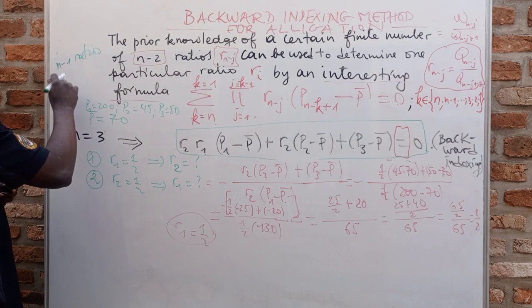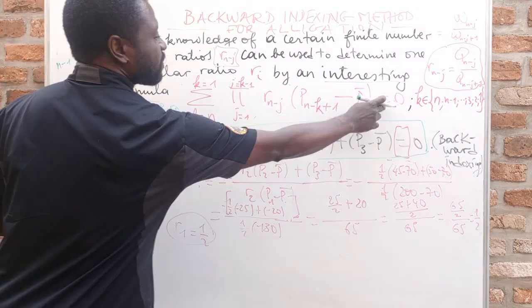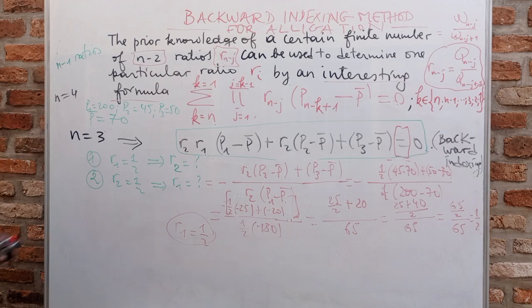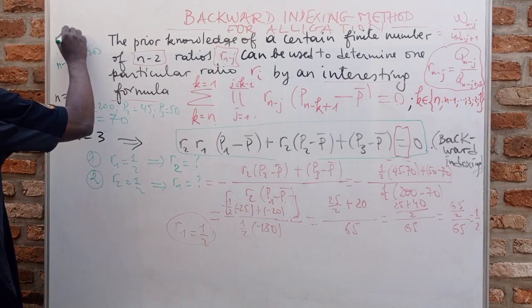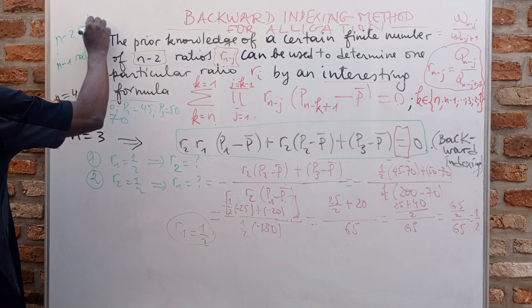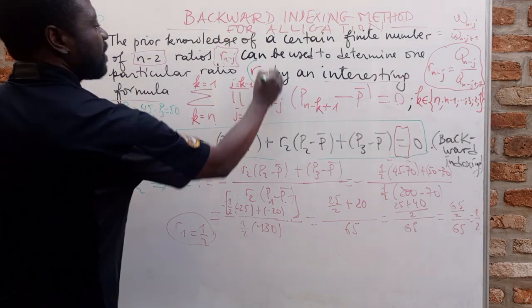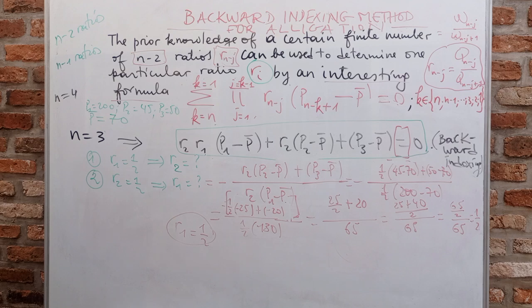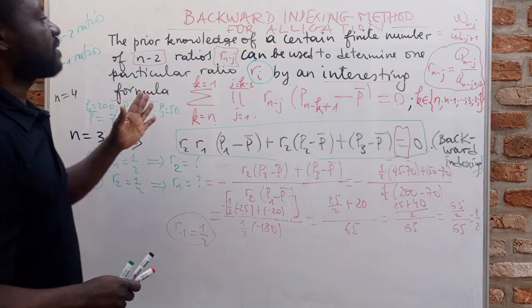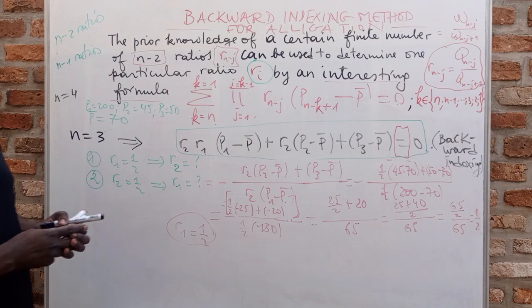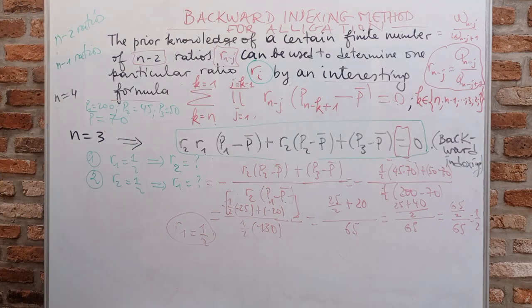As we have to solve one equation with n minus 1 unknowns, we need at least n minus 2 ratios in order to find one particular ratio. Okay, this is all for the backward indexing method for alligation.